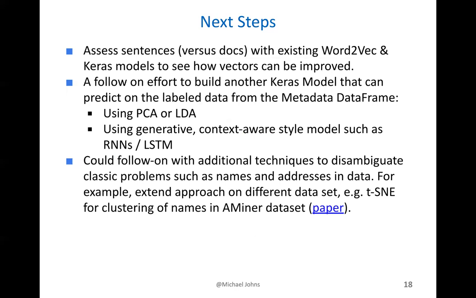We could also do some sort of generative, context-aware style, like an RNN or LSTM flavor, where we're able to give predictive content based upon that contextually aware history. Or we could follow up with other techniques. There are interesting papers out there around pure disambiguation concepts, like the classic concepts around names and addresses. So we could try to apply this to a data set like that and maybe extend the approach.